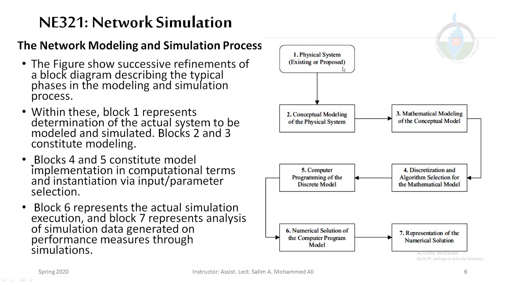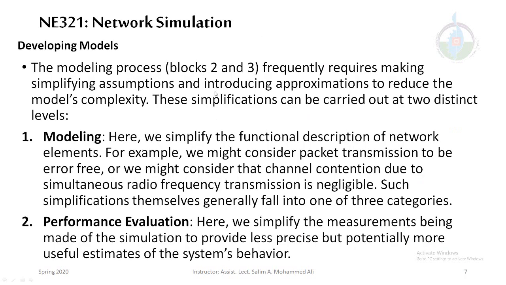We have to choose the most important parts of the system that we can model, and we can find a mathematical model for it. Some systems cannot be represented by simple mathematical models. So in order to do blocks 1, 2, 3, we have to do some approximations to reduce the model's complexity. This simplification can be carried out at two distinct levels.